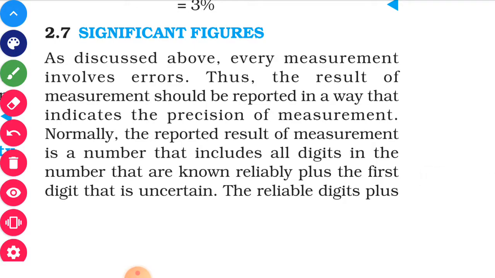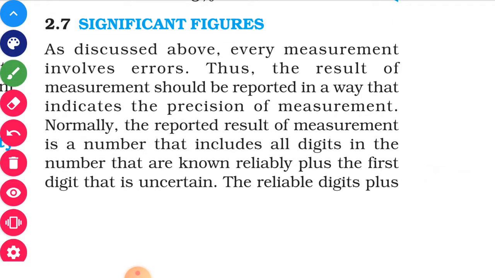Normally the reported result of measurement is a number that includes all the digits in the number that are known reliably plus the first digit that is uncertain. So one extra digit is also taken into consideration, and that is the digit which shows the uncertainty in the measurement.